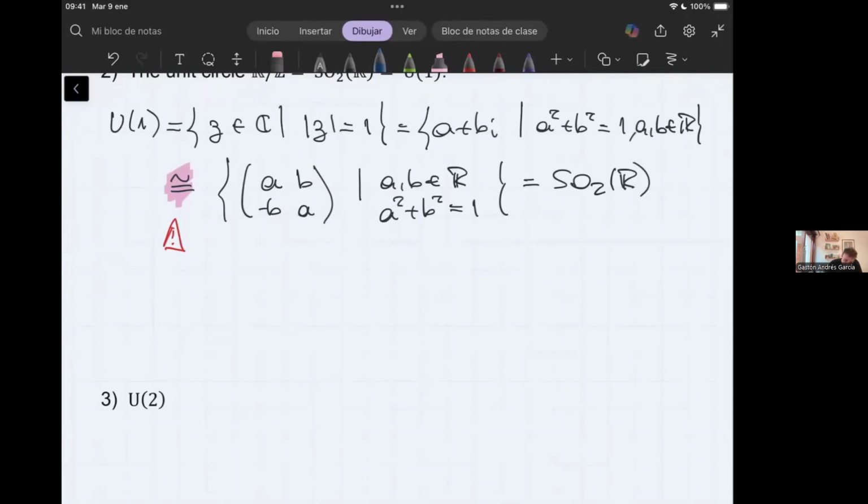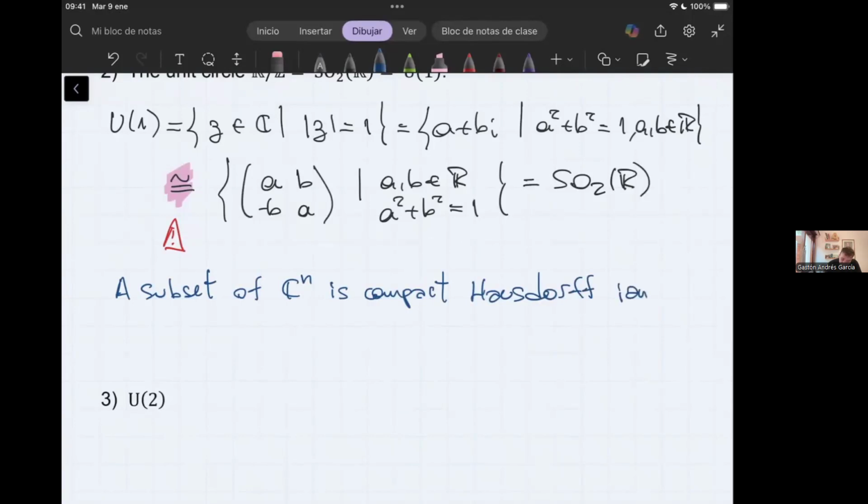So let me write this. A subset of, say, Cn, here n is 1, is compact Hausdorff if and only if it is closed and bounded.